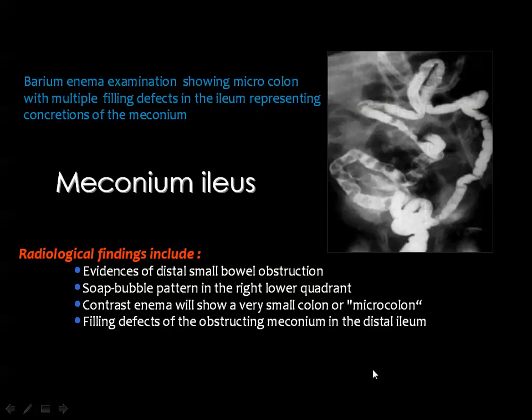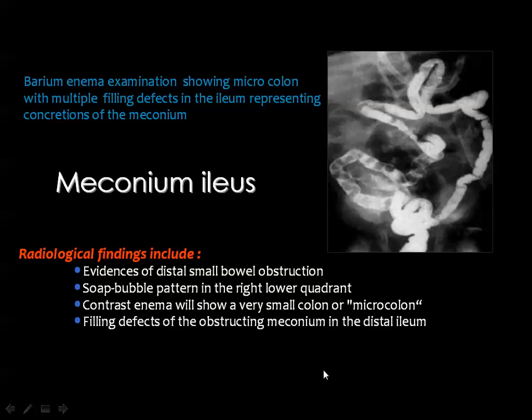Then meconium ileus means that there are multiple inspissated meconium masses or pellets in the terminal ileum, resulting in distension of the proximal bowel and a small caliber of the colon, which is known as microcolon or unused colon.